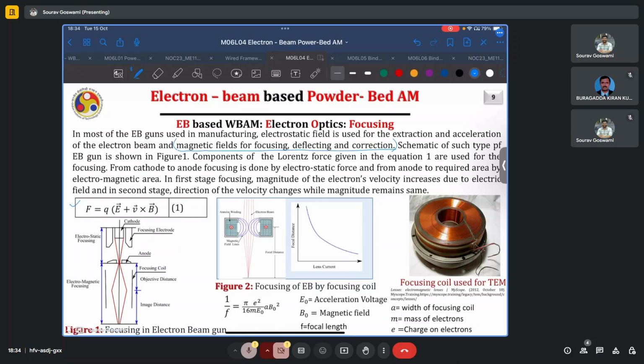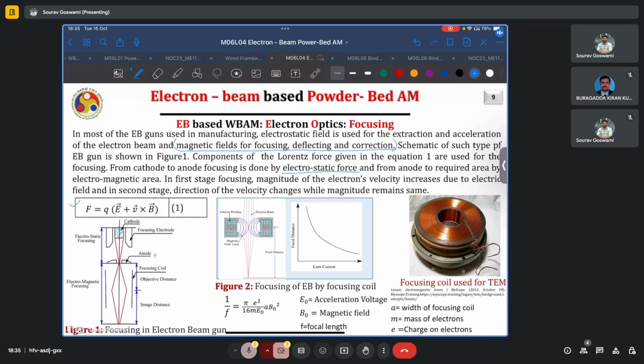From the cathode, that is here, where the electrons are extracted from, to the anode, which is the positively charged annular feature shown here, which actually attracts the electrons once they are freely available from the cathode. In this region, the focusing is done by electrostatic force, and from the anode to the target surface, it is done by magnetic forces.